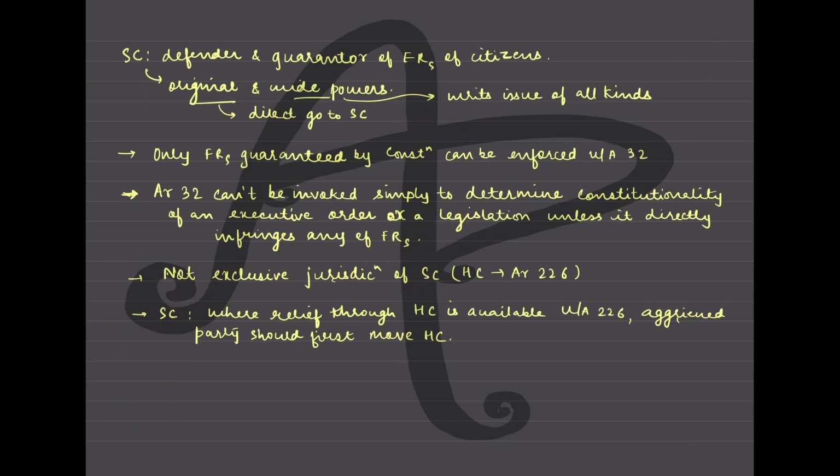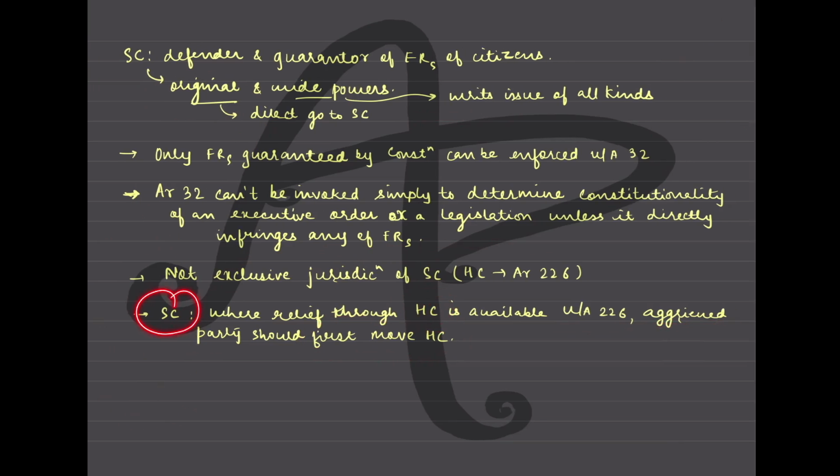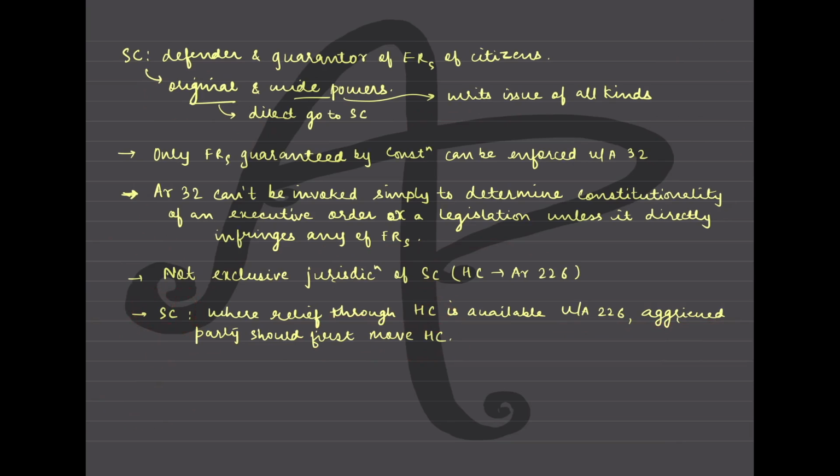But still, considering how the judiciary can manage, because there are so many cases pending and many people might not understand the severity of the issue, the Supreme Court has recommended that if relief through the High Court is available, and you can get the relief through the High Court under Article 226, the aggrieved party should go first to the High Court, so that the Supreme Court deals with the more important matters.